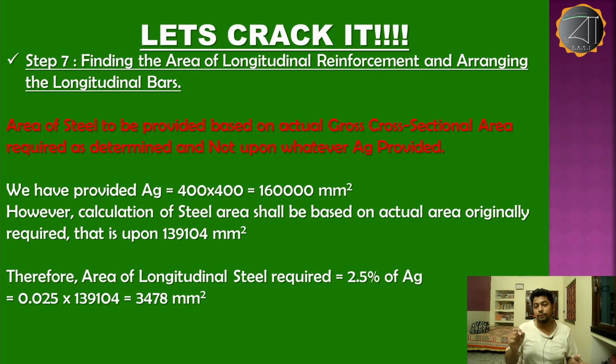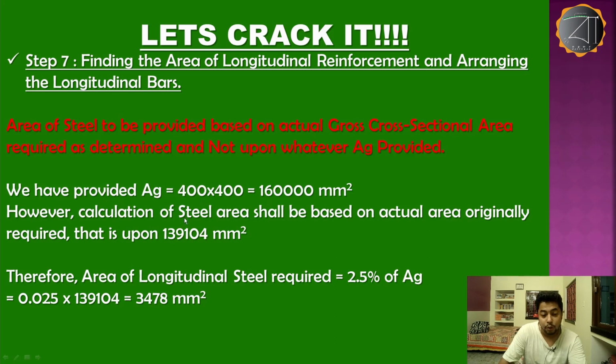But when we calculate the steel area, we have to calculate it upon the exact gross cross-sectional area which is required, not what we have provided. This we have to remember. We have provided AG equals 400 mm by 400 mm, so the area is 160,000 mm square.